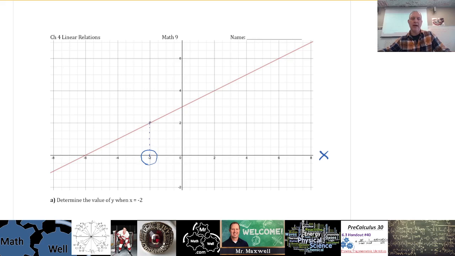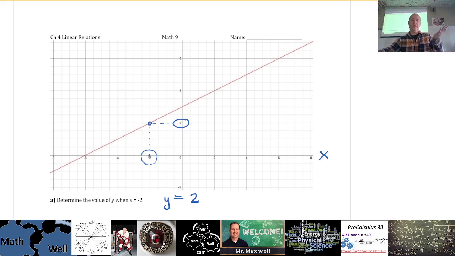So we go up to the graph, and this is the point that has an x value of -2, right? And the y value is this vertical value here. So we have +2. Thank you. Does everyone see that? So y equals +2 when x equals -2.